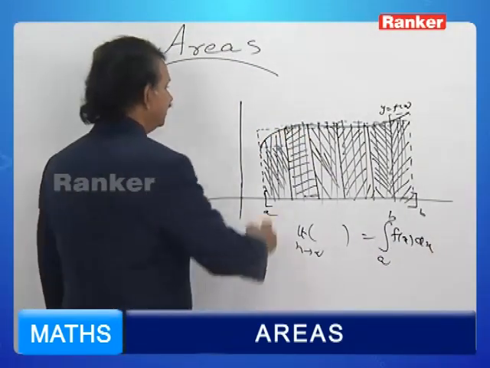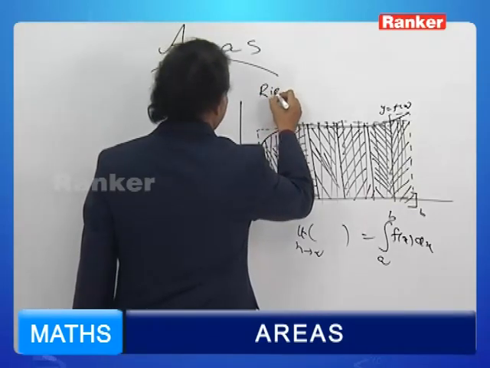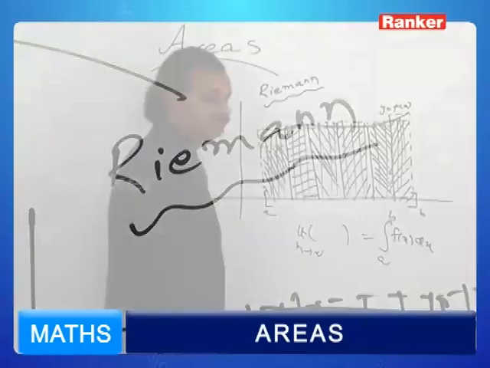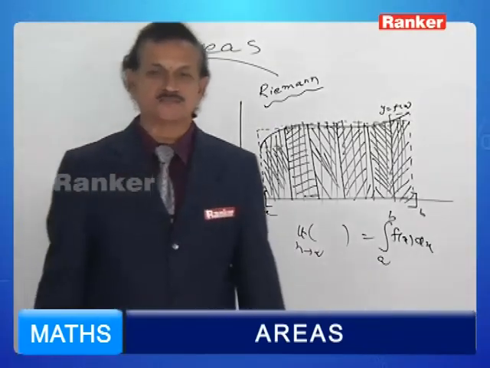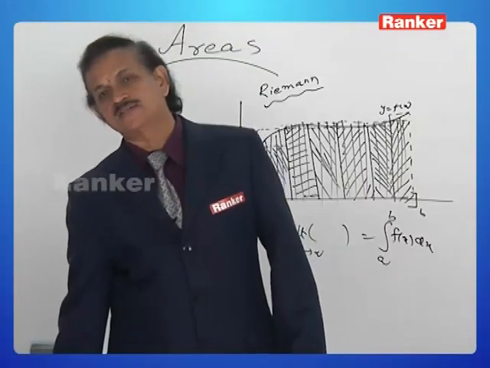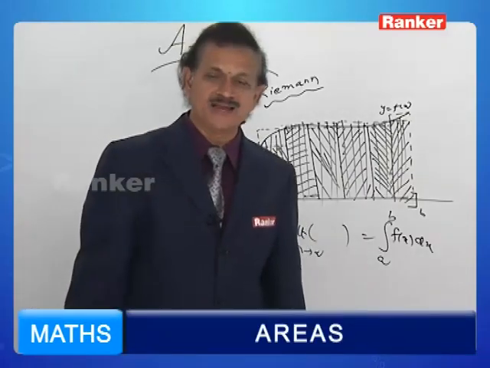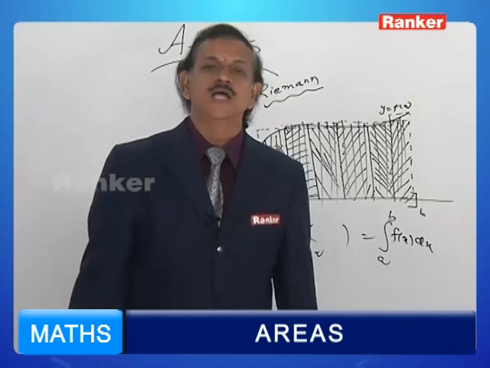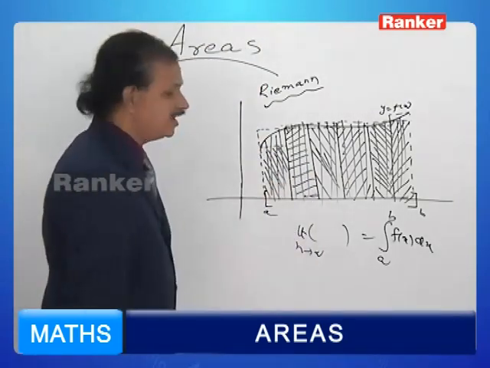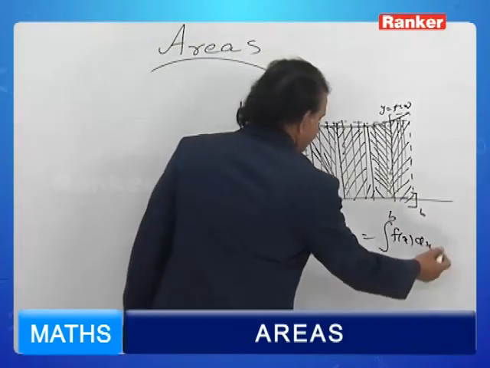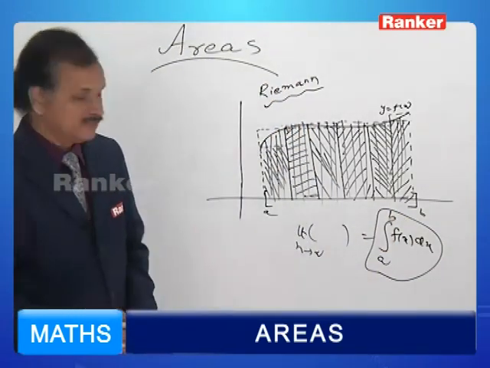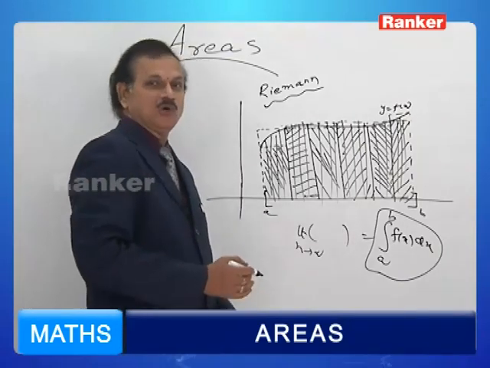Of course, the mathematician called Riemann could introduce this concept. That was why previously it was called Riemann integration. And we are enjoying the fruits of that Riemann integration. And after getting it defined, we are making use of it to find the areas. This is the basic concept, of course.